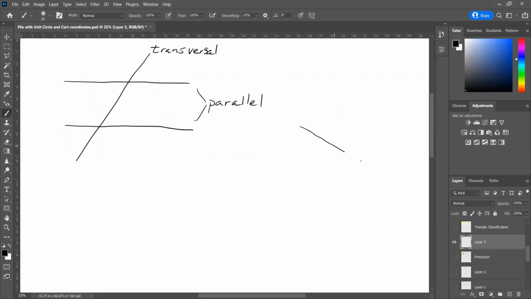Because think about this, if we have two lines that are crossing, like the two I just created, then these on opposite sides have to be the same. Because the lines rotated through a particular angle about that vertex in the middle.